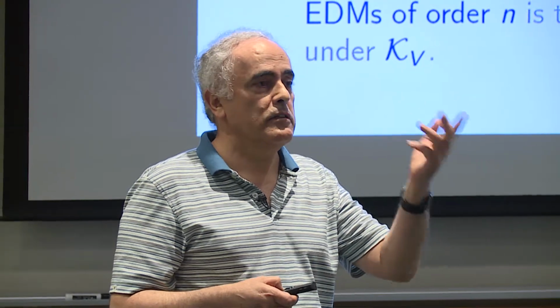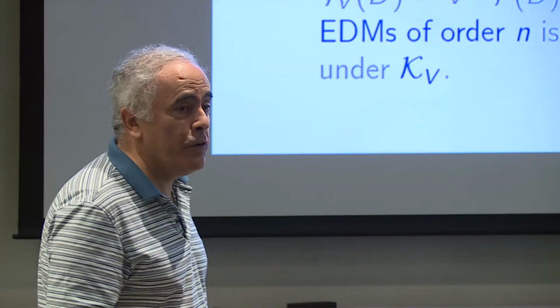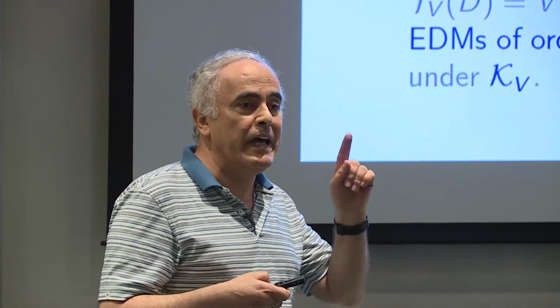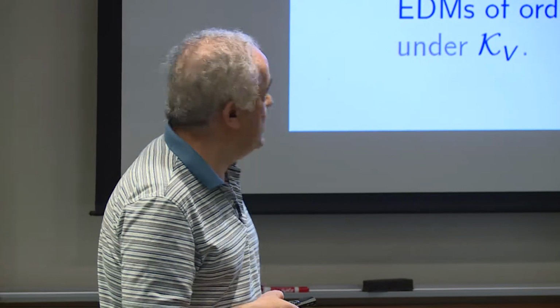It's closed and convex. Moreover, most of the structure of this cone is inherited from the cone of PSDs, so many of the characterizations of the faces of the PSD cone carry over to the EDM cone.